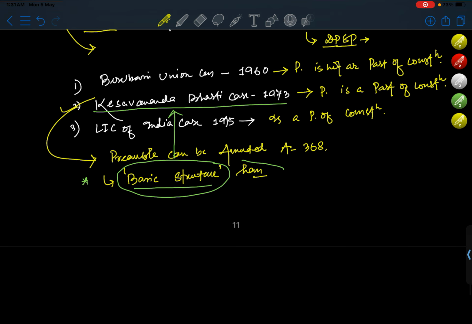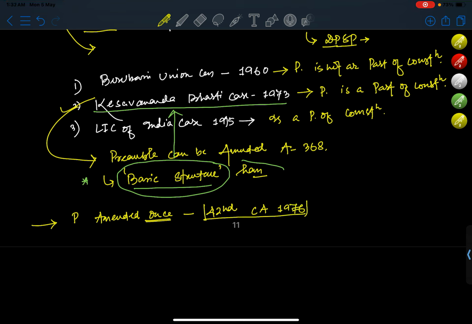Now one fact: till today, the preamble has been amended once. That too by the 42nd Constitutional Amendment, 1976.